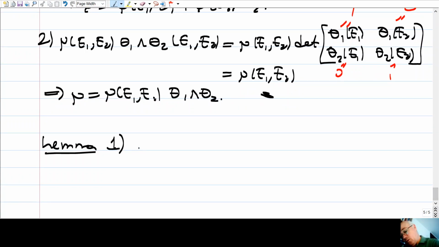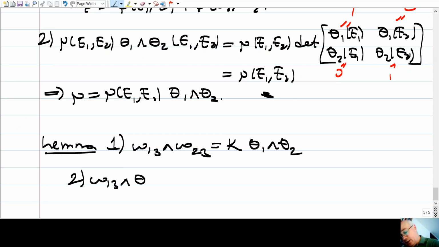Omega 1 3 wedge omega 2 3 is just the Gaussian curvature as a function times the two form theta 1 wedge theta 2, and the second part of the lemma: omega 1 3 wedge theta 1 plus theta 1 wedge omega 2 3 is 2 times h times theta 1 wedge theta 2. Let me see.